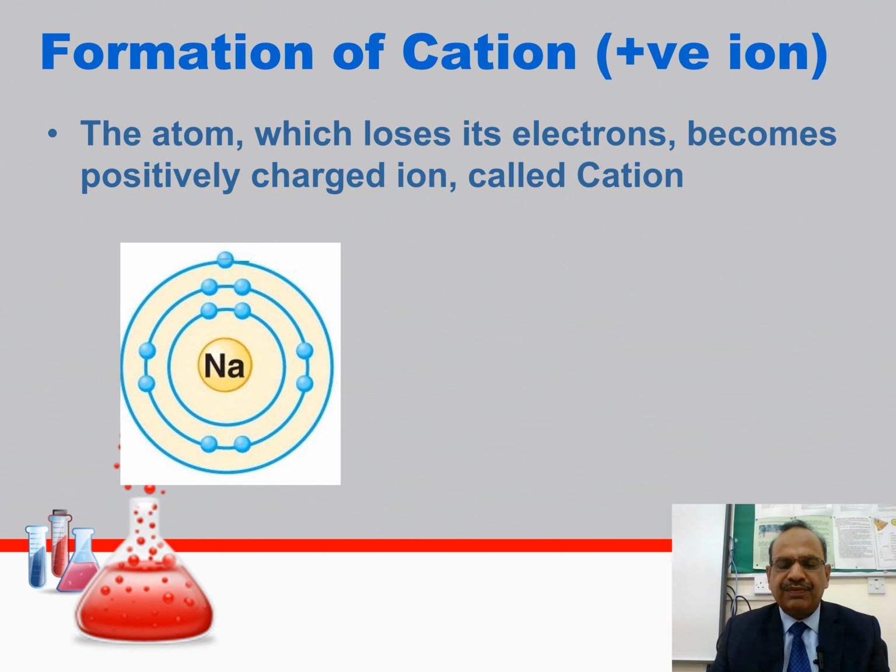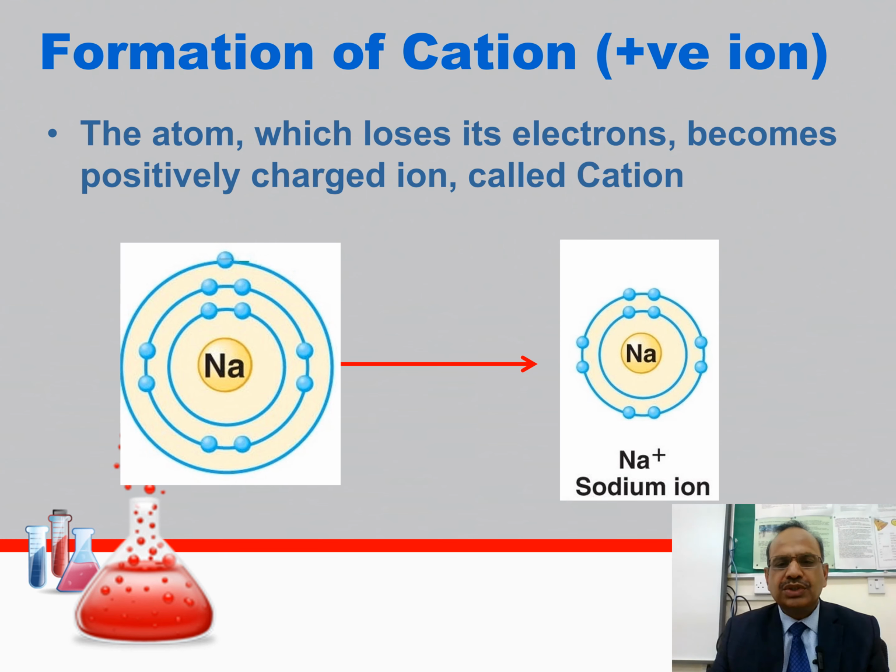For example, the famous one is sodium. Sodium's atomic number is 11 and it has a total of 11 electrons: 2 in the first shell, 8 in the second shell, and in the third shell there is only 1 electron. If it loses this 1 electron, its octet will be complete and it will get the electronic configuration of a noble gas.